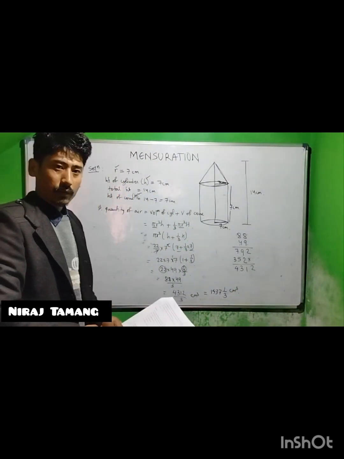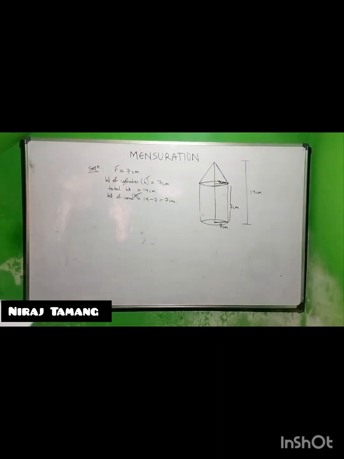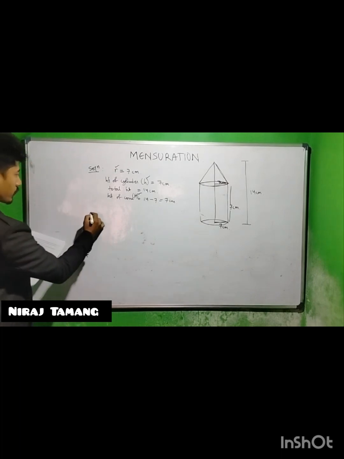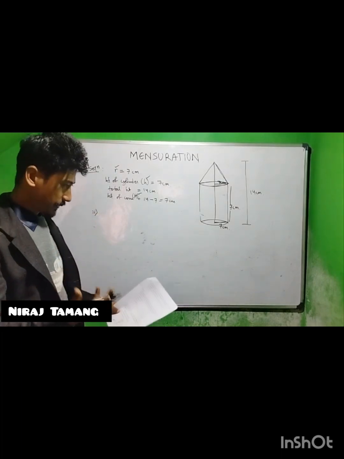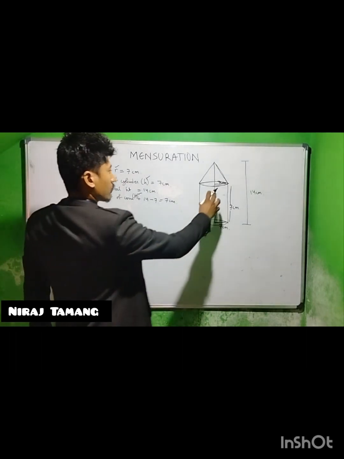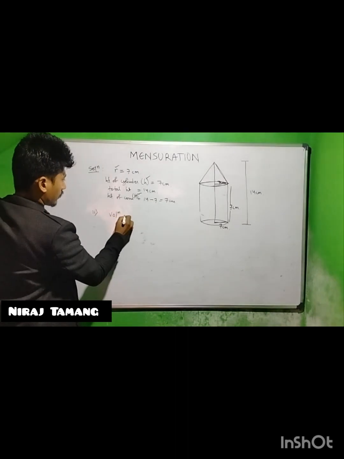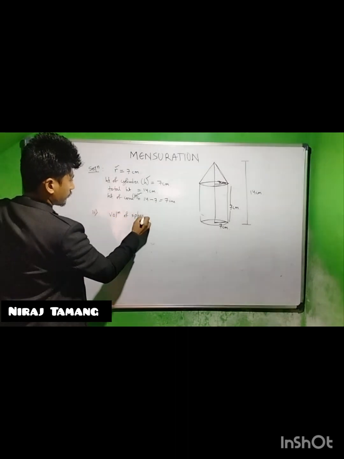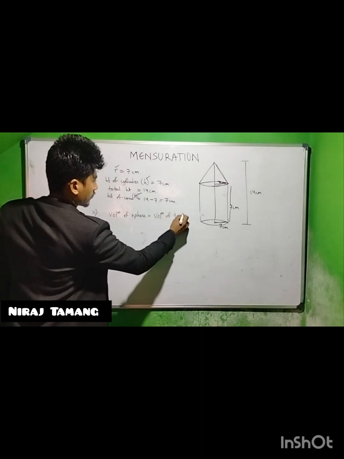Now the second part of the question is, we have to find the radius of a sphere whose volume will be equal to the volume of this tent. So let's write volume of sphere equals volume of tent.